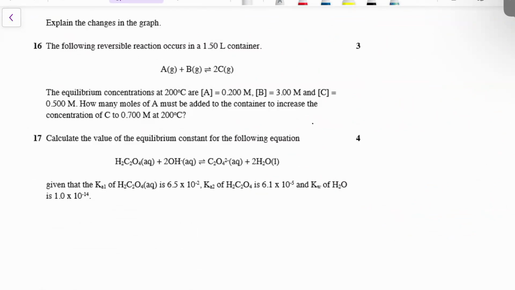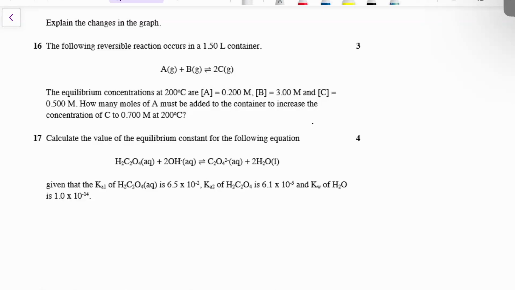Now this one's a little bit interesting, because we've told you before that if they've given you all of the concentrations at the same time, then you can sub them straight into the equilibrium expression. But the question also asks how many moles of A must be added to increase the concentration of C to 0.7.